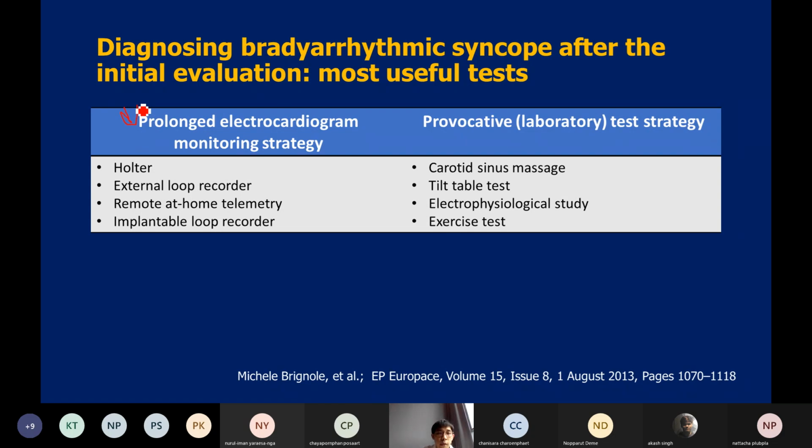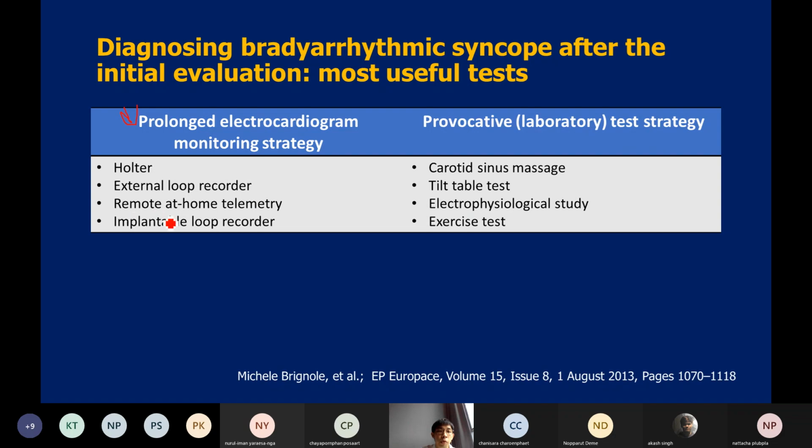And we could use an external loop recorder. These two are quite similar, but an external loop recorder could be attached to the patient for a longer time, such as weeks to months.